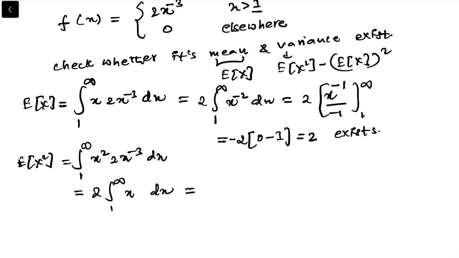Or we can write this as 1 over x. Now the integration of 1 over x is log x. So this is log x, limit is 1 to infinity. Now log infinity is infinity, and log 1 is 0. So this is simply infinity, right?